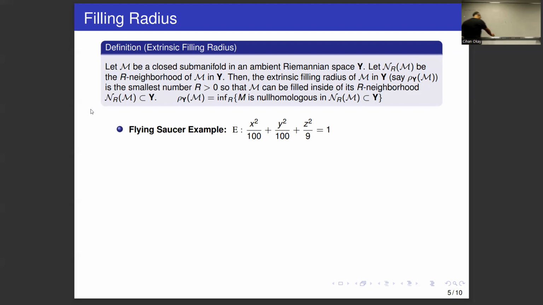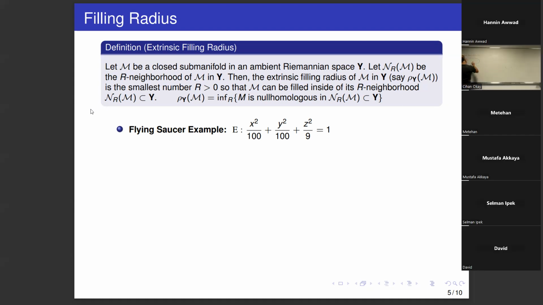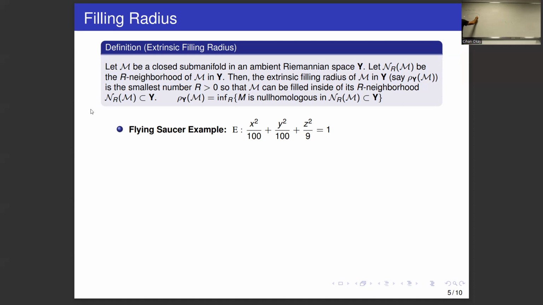Let me give you this example. So for example, this is your ellipse. Okay, let's look at the r-neighborhoods of this guy. Is this trivial? No, it's still non-trivial. And let me increase my radius just a little bit. Let's say this is x squared over 16 and y squared over 4 is equal to 1.